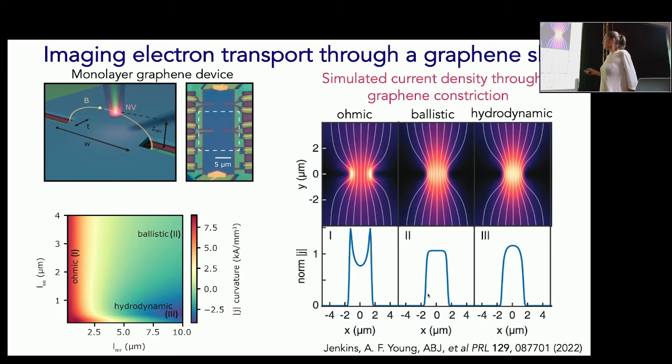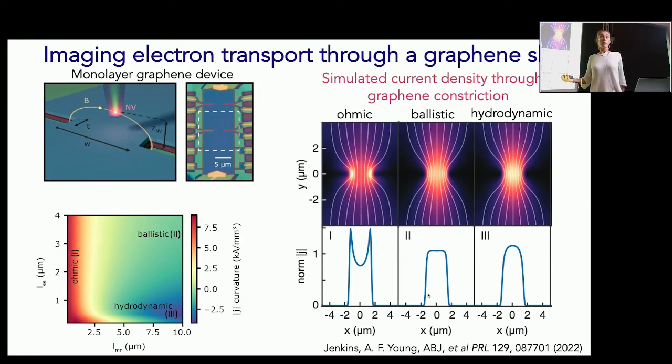Then in the ballistic regime, as expected, the current flow across the slit should be constant. The electrons really don't see the slit. They just whiz by depending on where they start. They don't feel the edges of the slit. In the hydrodynamic regime, one expects to see a bit of a rounding of the current flow profile in the slit. And just as a reminder, I think I didn't say this earlier, and maybe it's obvious, but I've talked about magnetic sensors here. I'm talking about imaging electron flow.